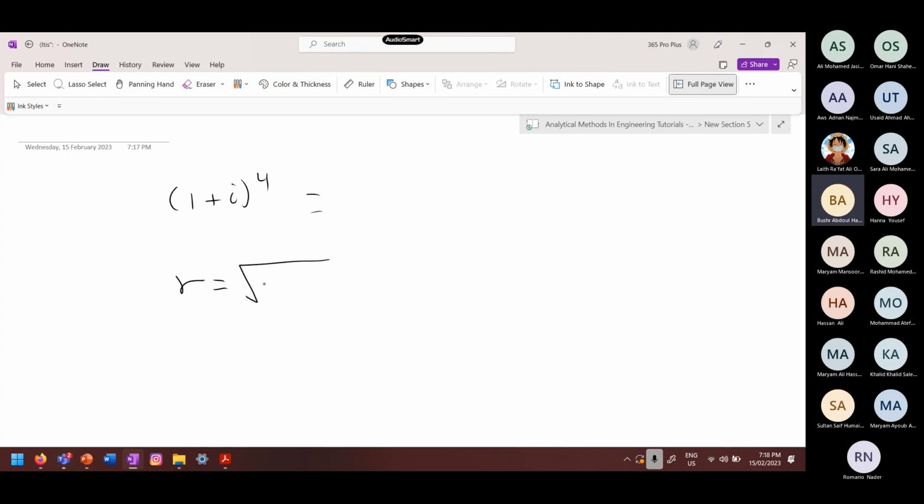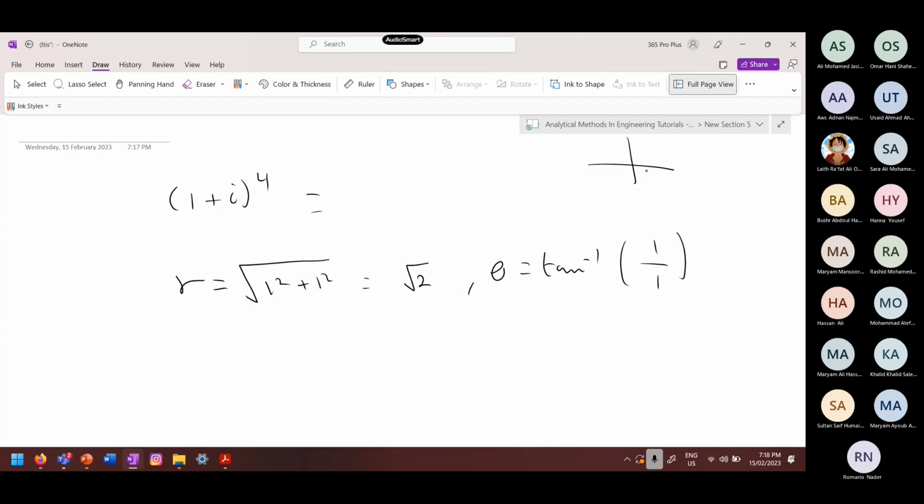It will become 1 squared plus 1 squared, which is equal to square root of 2. Now, as for theta, tan inverse 1 over 1, the ratio of the imaginary part and the real part.